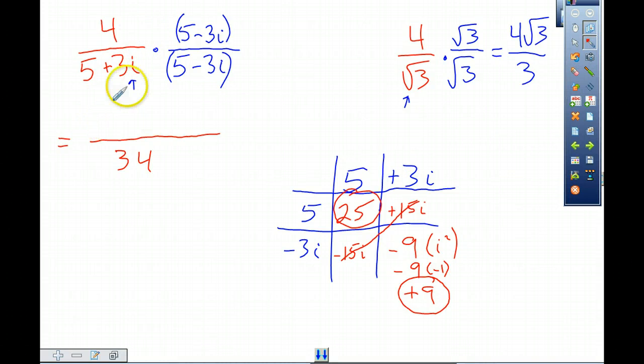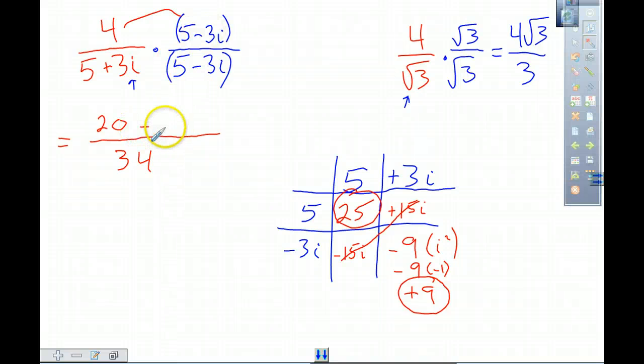So on the top, just multiply, distribute it out. 4 times 5 is 20. And then just like we did before, check for reducing. Can this be reduced? Can we divide something into 20, 12, and 34? 2. Yeah, 2.